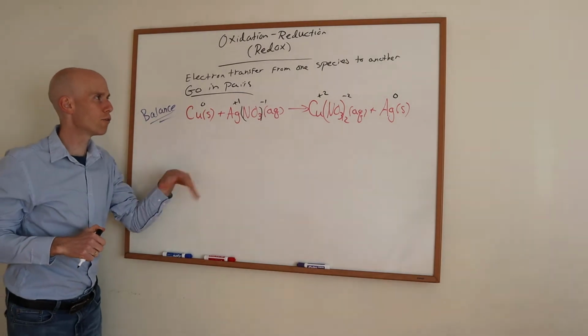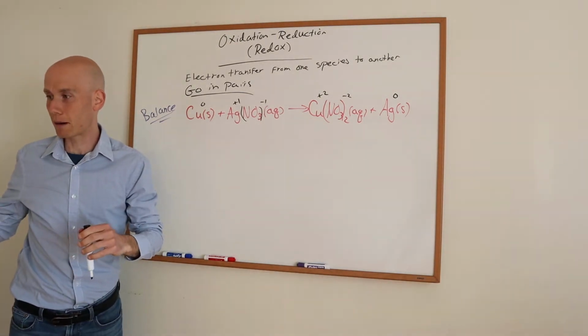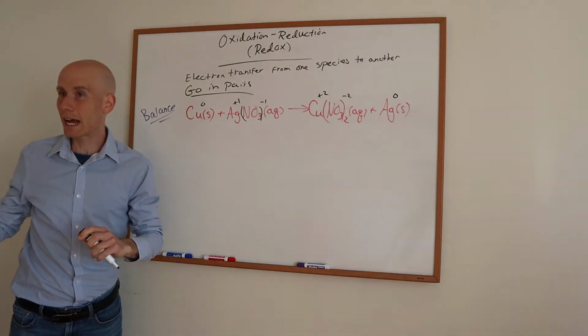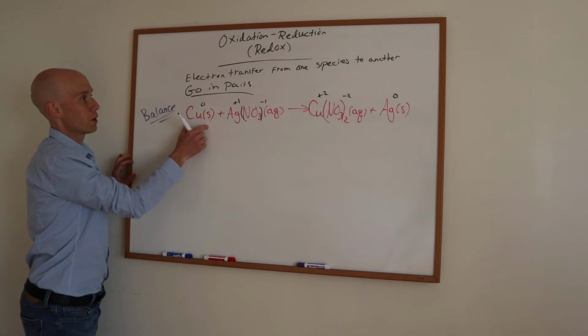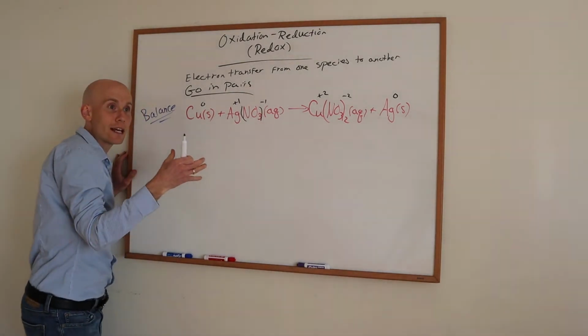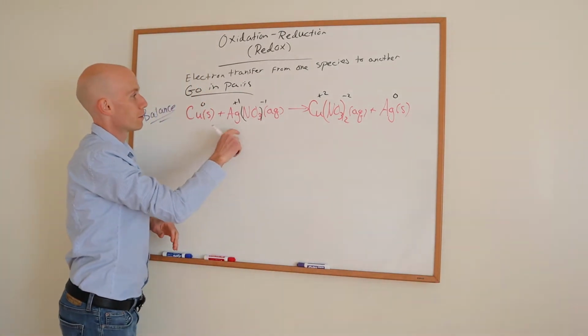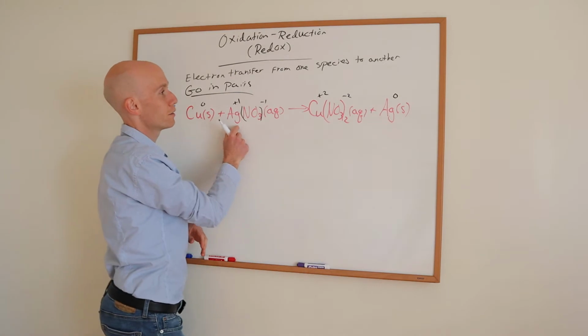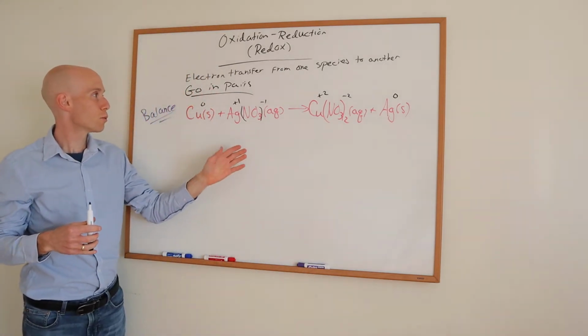Okay, hopefully a quick review for you. As you can see right away, copper here goes from 0 to +2, meaning its oxidation number was altered, and same for silver. The oxidation number for silver went from +1 to 0, so its oxidation number was altered as well.